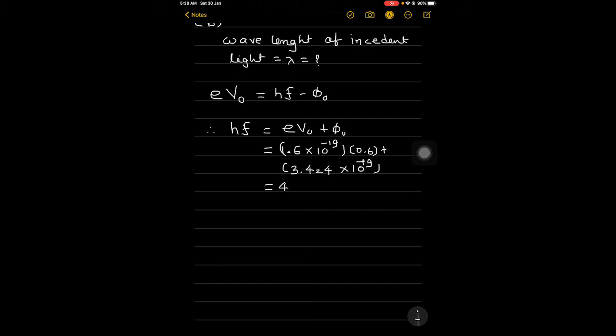So that is equal to 4.384 into 10 raised to minus 19 joule.